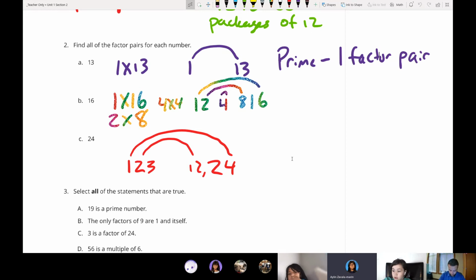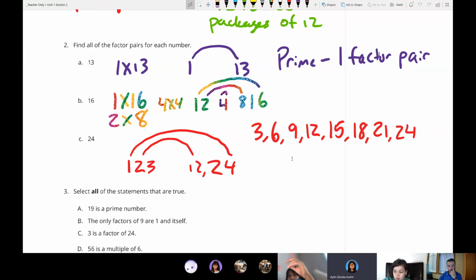If you were to skip count by 3, how many times will we need to skip count to get to 24? 8. Yep, 8. So 3 and 8 are a factor pair.